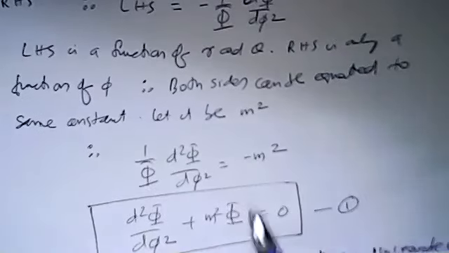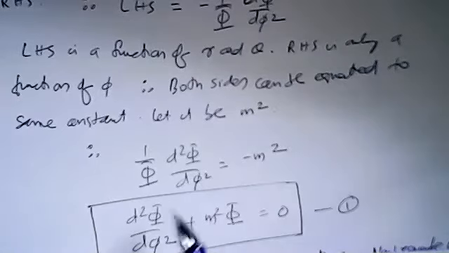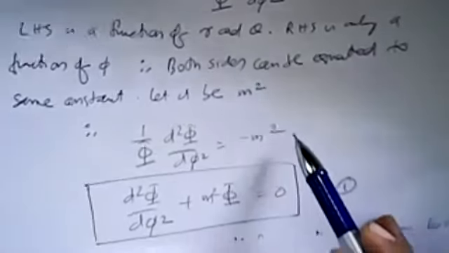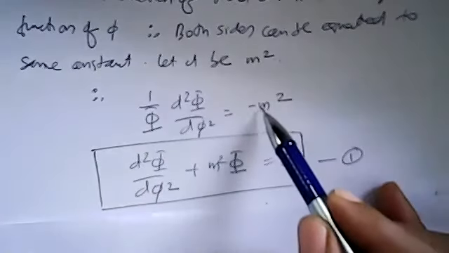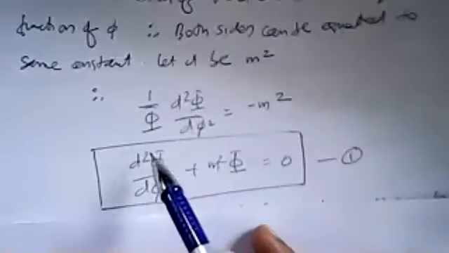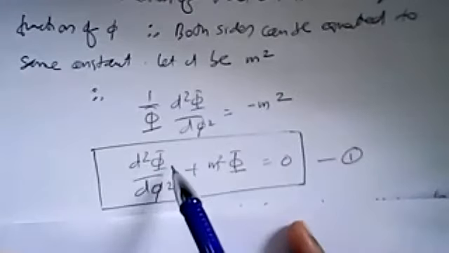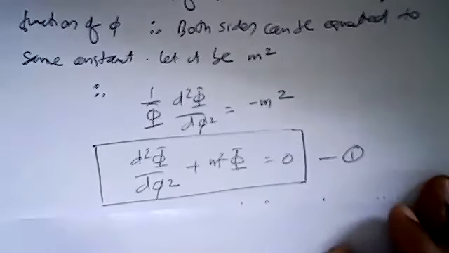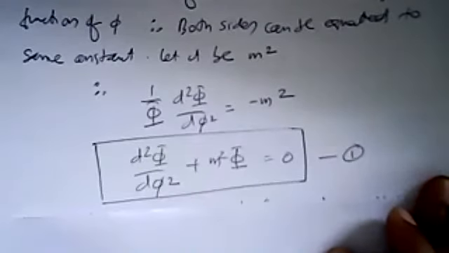This is a simple differential equation. Taking phi to the RHS, the equation becomes d square phi by d phi square plus m square phi equals 0. That equation is known as the azimuthal equation.